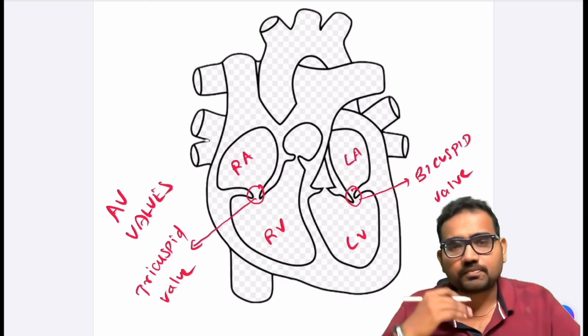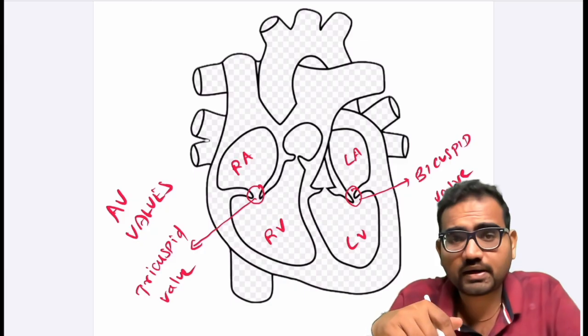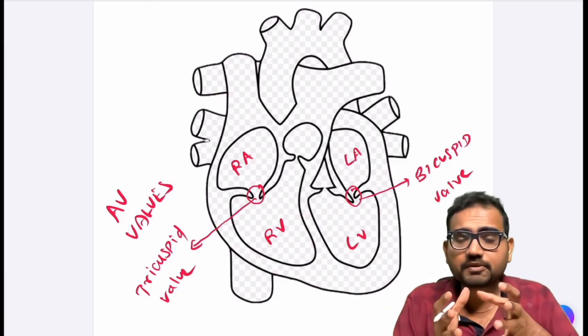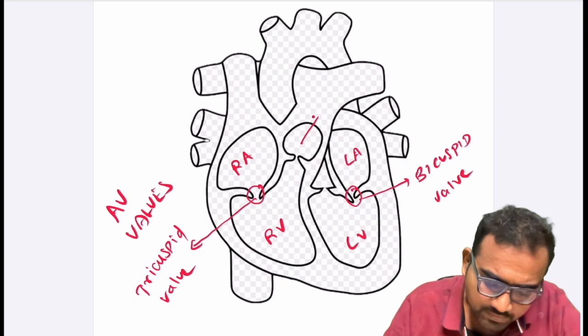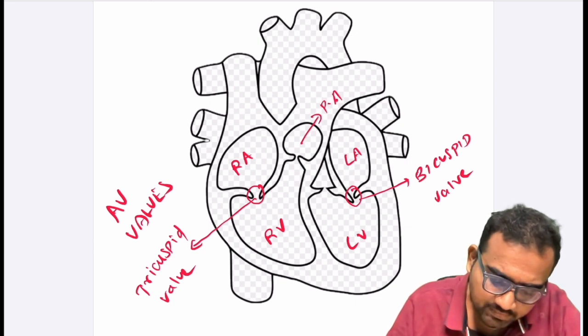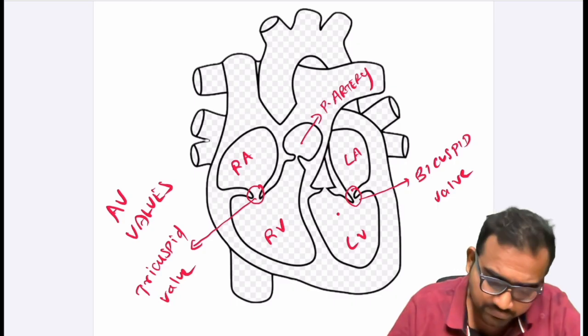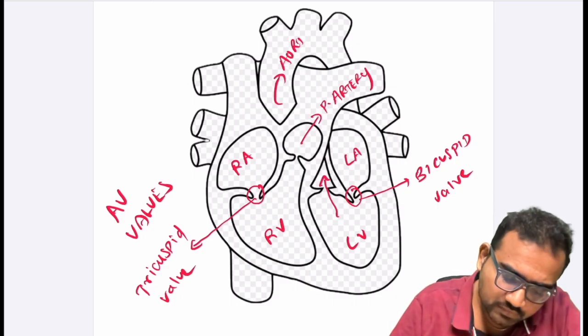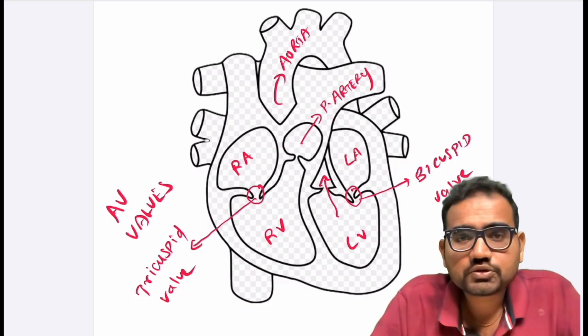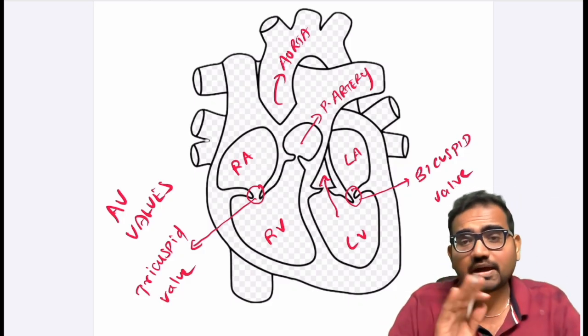Okay, now the right atrium and right ventricle have to pump the blood to the arteries. In this case, it pushes to the pulmonary artery. And the left atrium, left ventricle, it pushes the blood into the aorta. As I told you, any chamber will have valves.